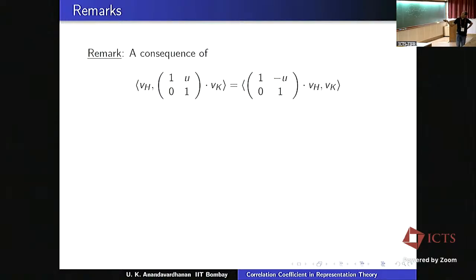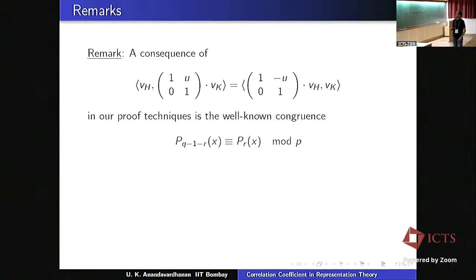So this is the element with which we played. We shifted the embedding, and this goes here as the inverse of this. What is the reflection of this if you plug in this observation into all these things? In terms of Legendre polynomials, you will get these well-known conjugates: q minus 1 minus R and R are the same mod P, which is reflected here.